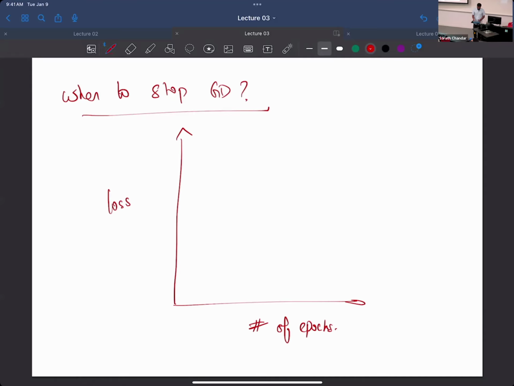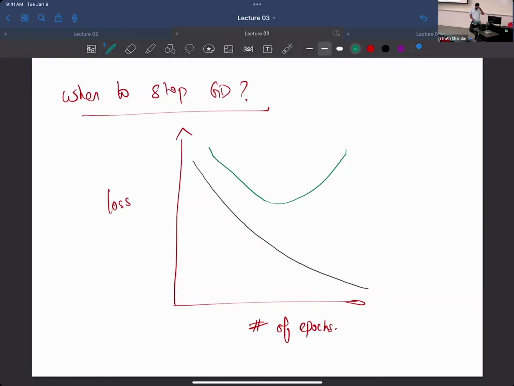So what would happen is typically the training loss will go down, right? Because you are fitting the training data, but the test loss, or the validation loss, is going to go down for some time, and when you start overfitting, it's going to increase. Is that clear?